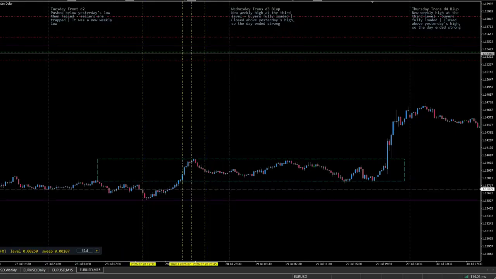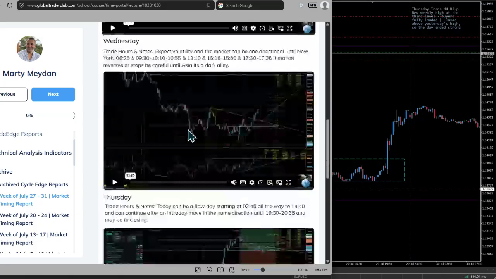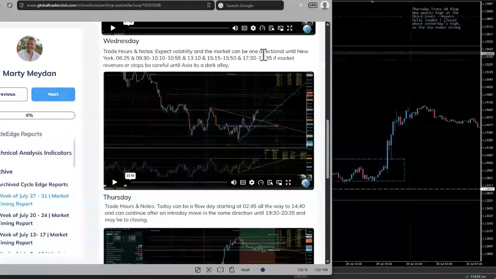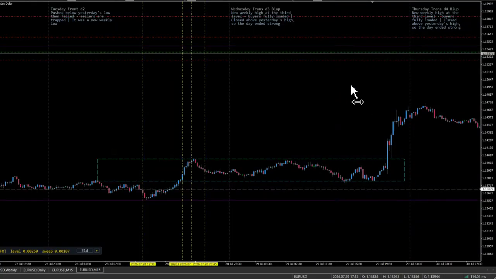So let's check out the hours again. This time for Wednesday. Expect volatility in the market can be one directional until New York. So let's take a look at the hours. 6:25, 9:30, 10:55. Let's do it. 6:25. 6:25, markets at high levels.